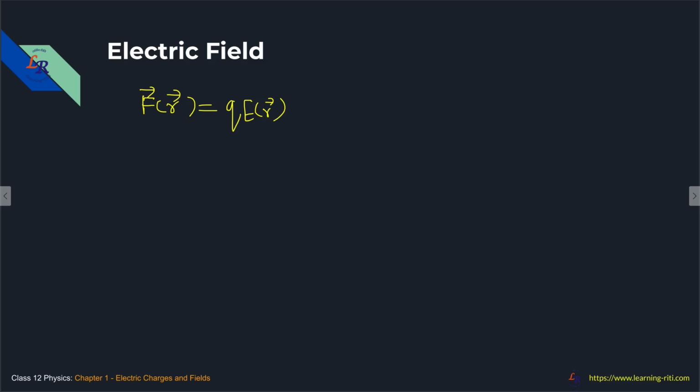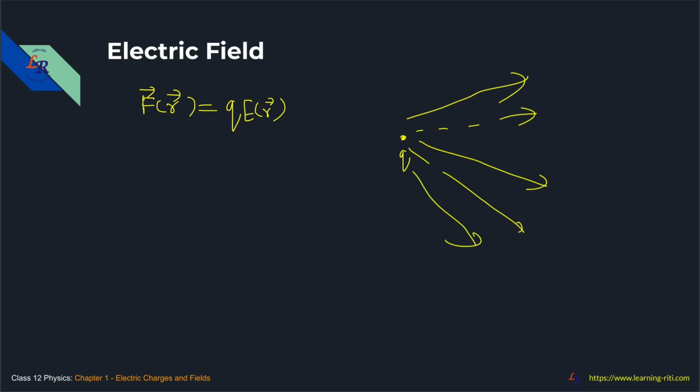So for example, let's say this is your charge Q, and this is the field because of this charge, and this field can vary with the distance. Depending upon R, if you bring in your charge, it will experience a force, and you can write Q0 E of the vector R. Okay, so now this is the field equation.